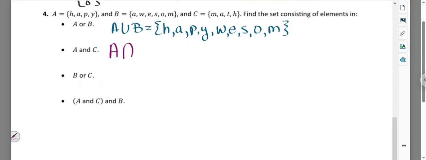A and C. So we have the words for math, or we have the letters for happy. The only intersection, A and H, are the only 2 letters included in both sets. B or C?